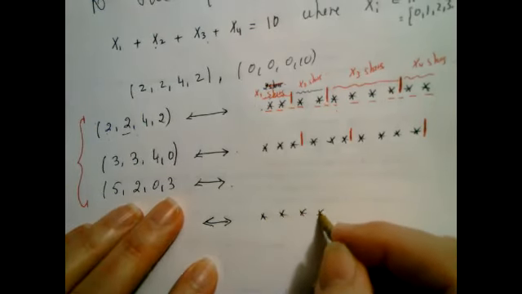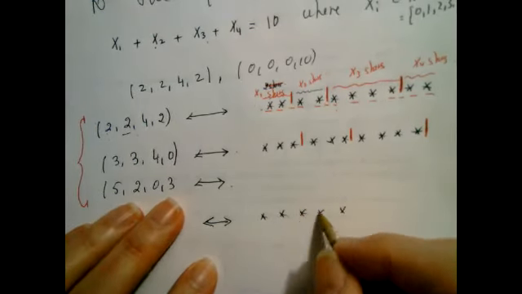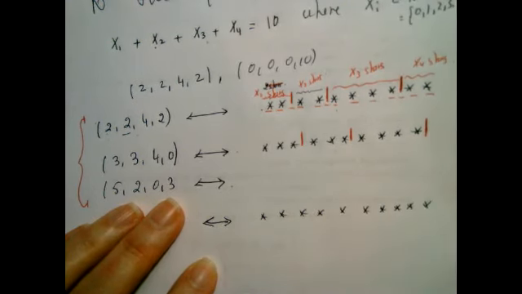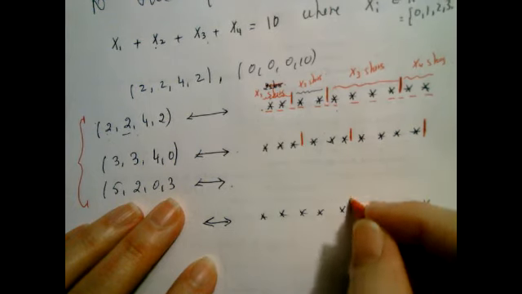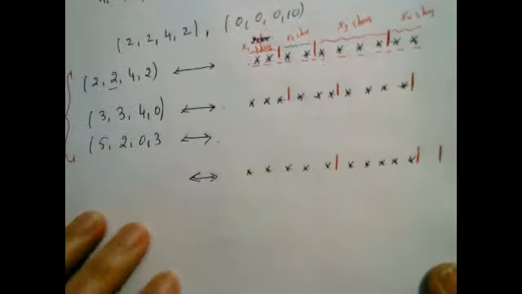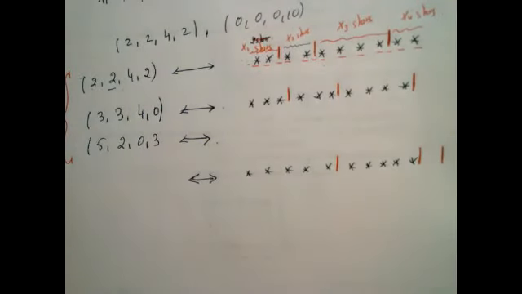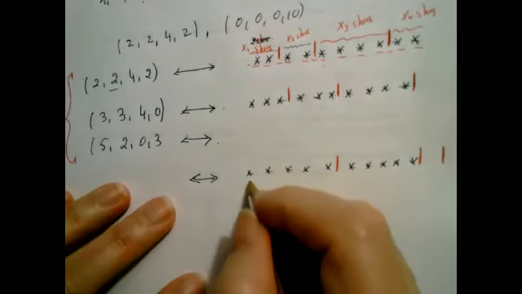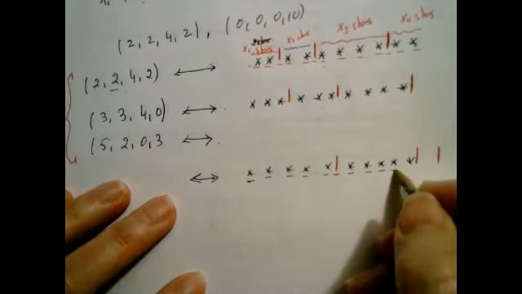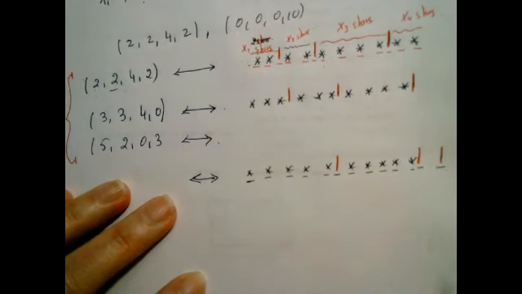I'm just going to make up stuff. 1, 2, 3, 4, 5, 6, 7, 8, 9, 10. And I'm going to separate them this way, this way, this way.